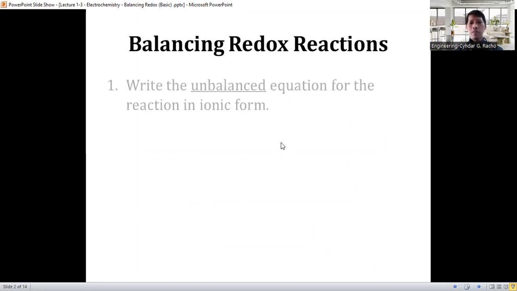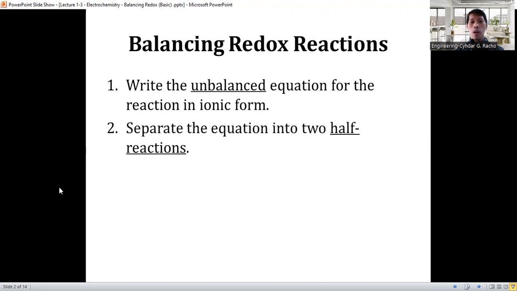So balancing redox reactions in basic medium. We also have steps to take. Number 1, write the unbalanced equation for the reaction in ionic form.